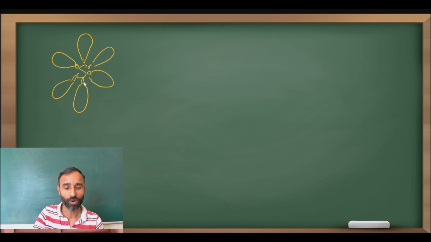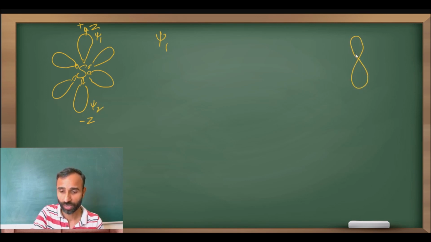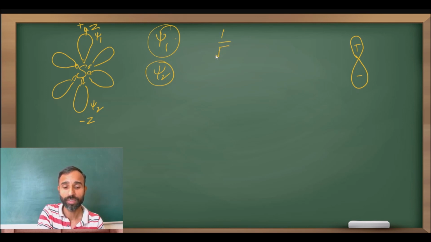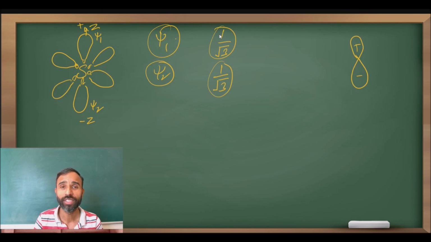Now you know, this is on the plus z axis, this is on the minus z axis, and let us take them as psi 1 and psi 2. So 1/3 contribution to psi 1 and psi 2, so the coefficient is actually 1/√3 for psi 1 and psi 2.